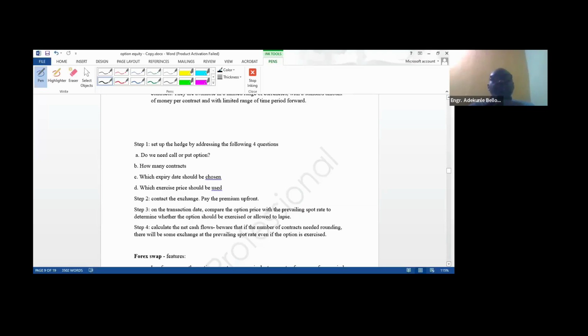Next, on the actual transaction day, compare the exercise price with the spot exchange rate so as to determine whether to exercise the right or not.